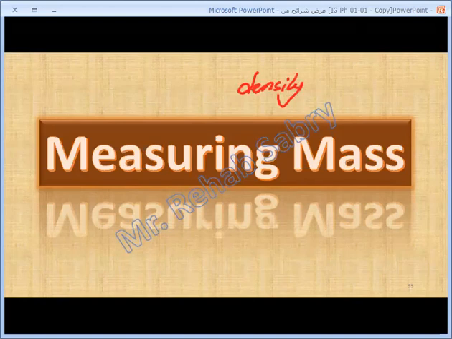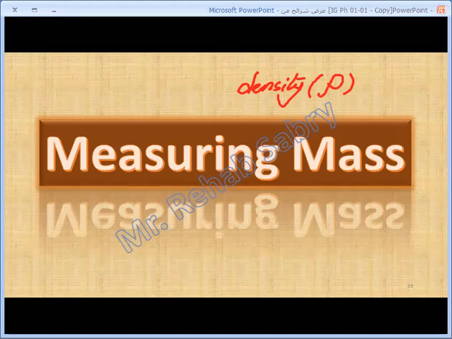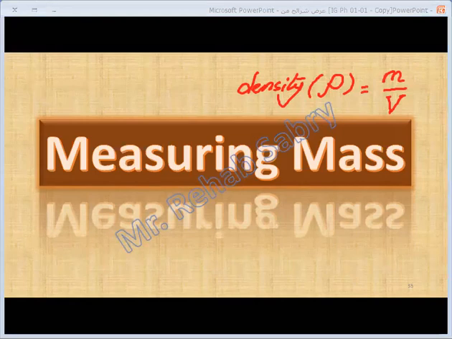It's called what? Density. And this density has the symbol rho. This letter rho is written like this. Okay? Density equals mass divided by volume. And last period, we learned together how to measure the volume.